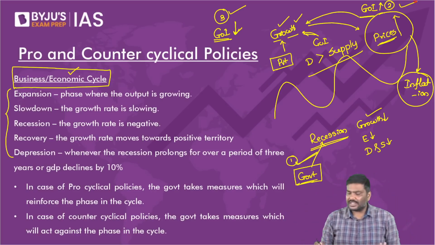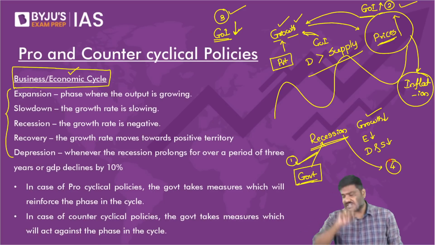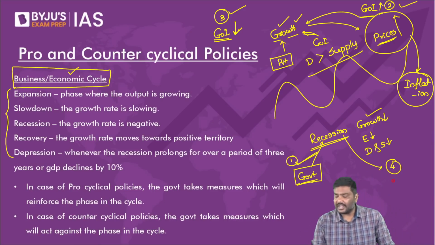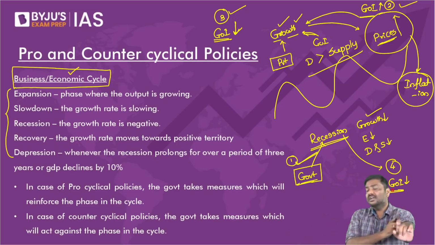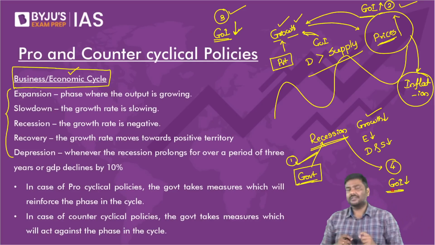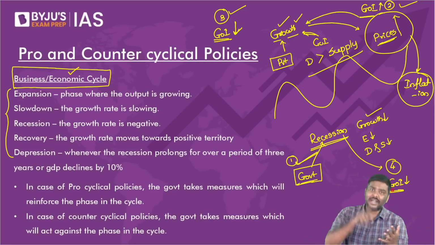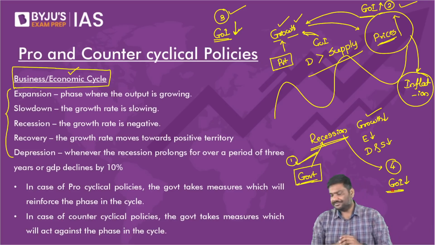Can I give you a fourth example? Fourth example, when there is a recession, the government will reduce its expenditure. Now tell me, if the government reduces its expenditure during a recession, what do you think will happen to the unemployment rate?